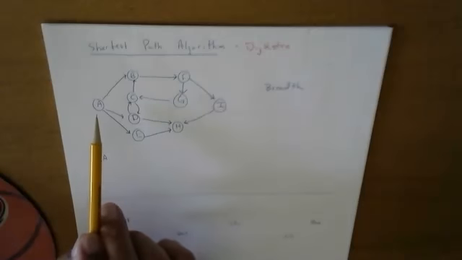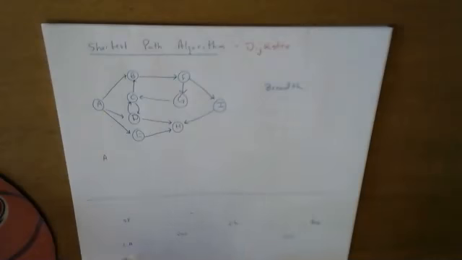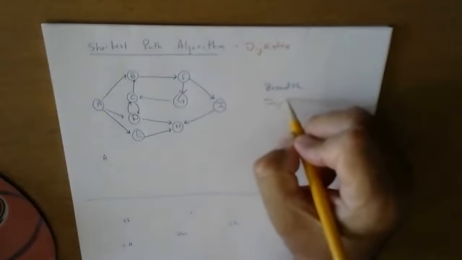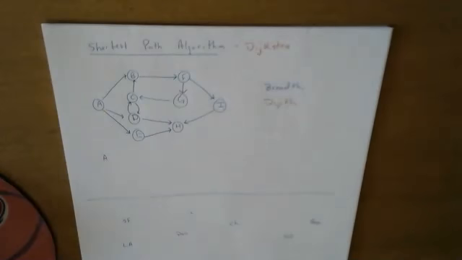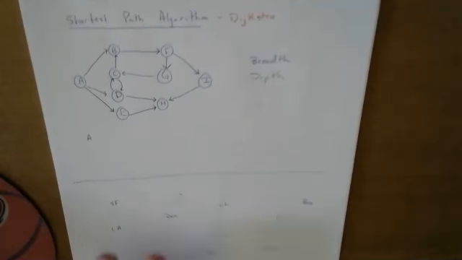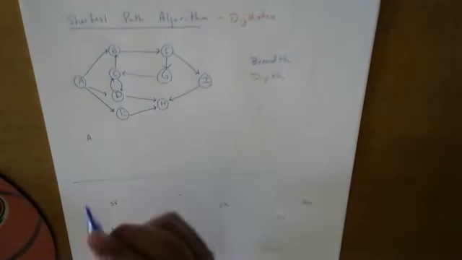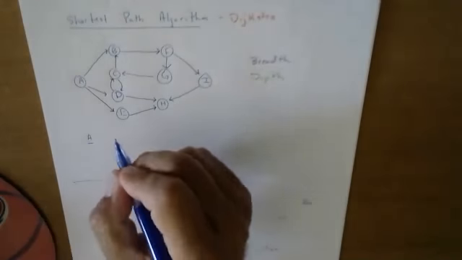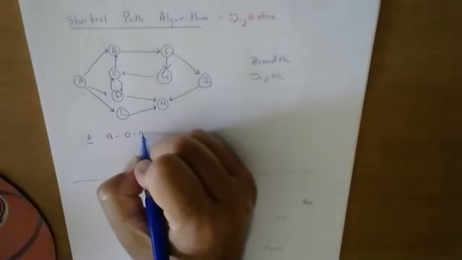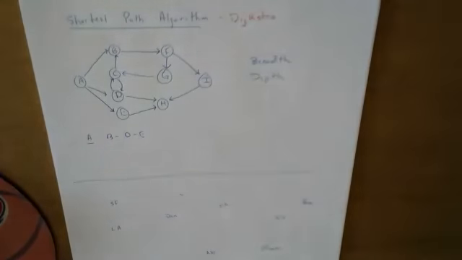Again, breadth is go wide, not deep. In a minute, we'll take a look at the other one, which is depth. But for now, we're going to do breadth. A goes to B, D, and E. So I'm going to take care of A, and now I'm going to go to B, D, and E. We talked about this the other day.